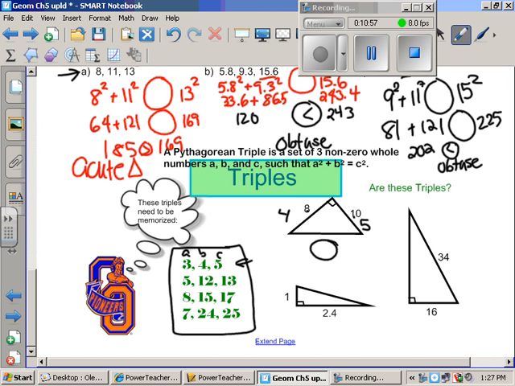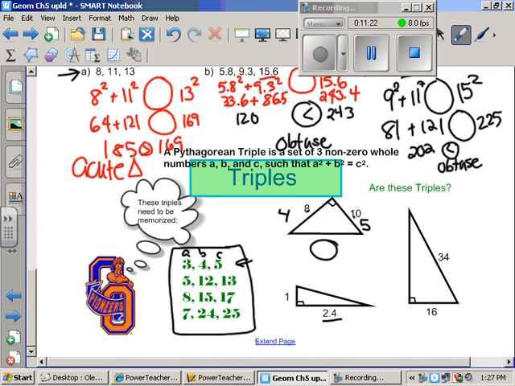So this is not a Pythagorean triple. I would have to do the Pythagorean theorem to find out what that is. This one is 1 and 2.4. So obviously this is a decimal, so it's not going to be a Pythagorean triple.